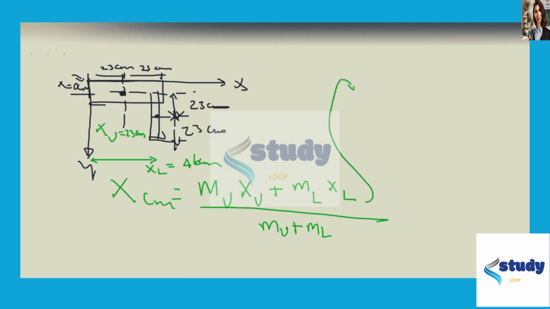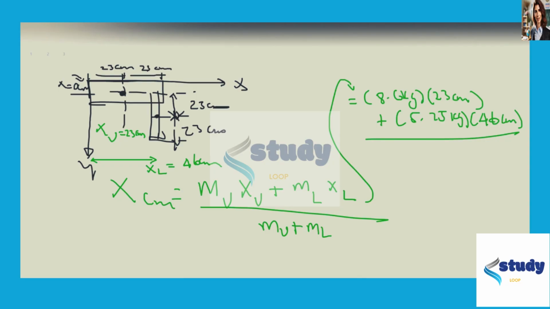We plug in the numbers. We get 8.6 kilograms times 23 centimeters plus 5.25 kilograms times 46 centimeters, all over 8.6 kilograms plus 5.25 kilograms.